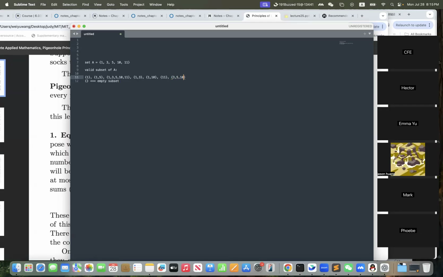Now all of you have understood the concept of what is a set and what is a subset. A subset is just a part of the whole set. If you think of the set as a class, a class contains a lot of students, then a subset is like a team out of the class.